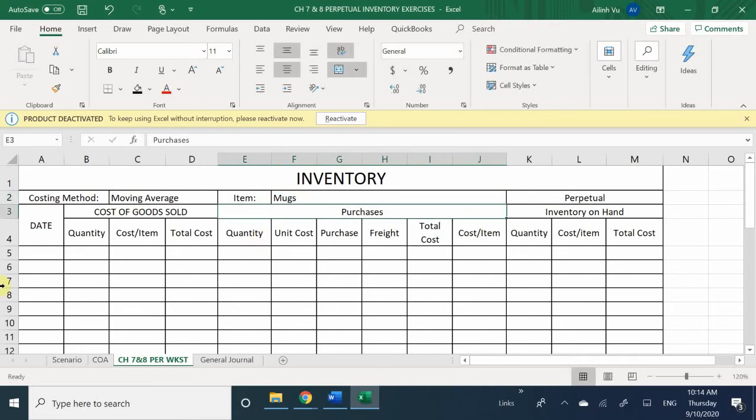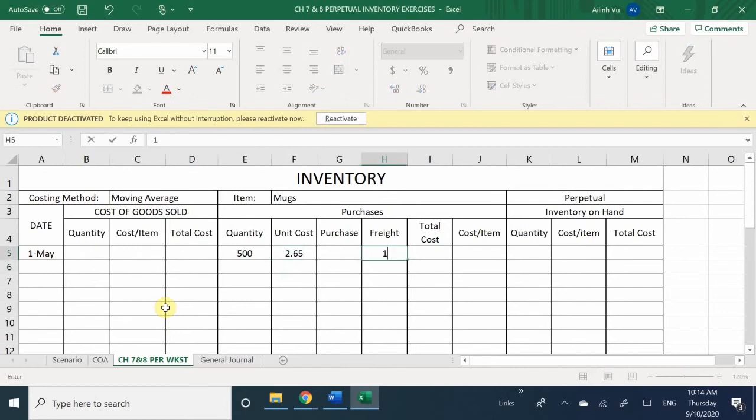All right. So the date was May 1st. We purchased a total of 500 items at $2.65 each. Freight was 100. Okay. So what's my calculation here?